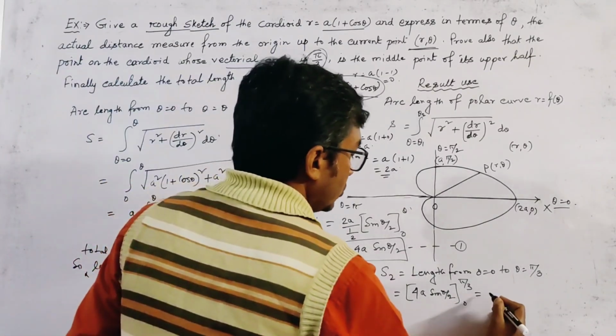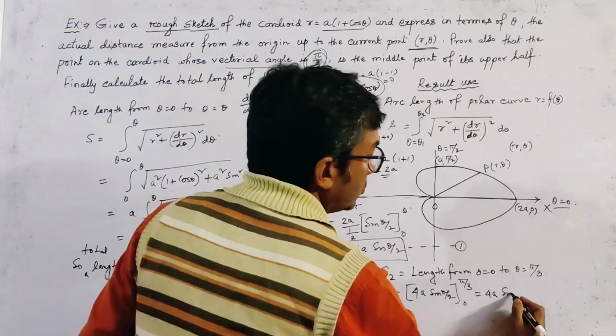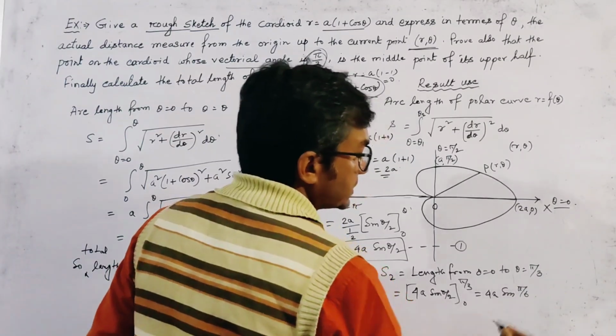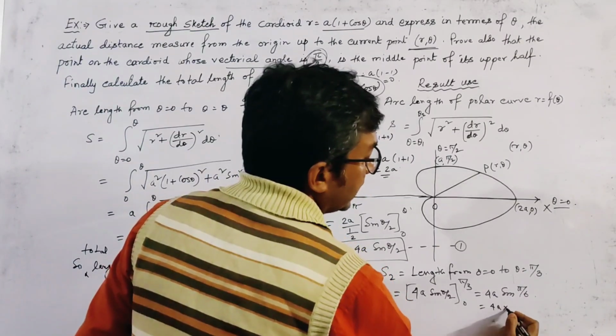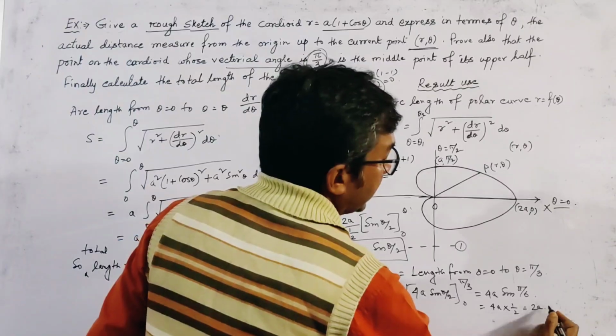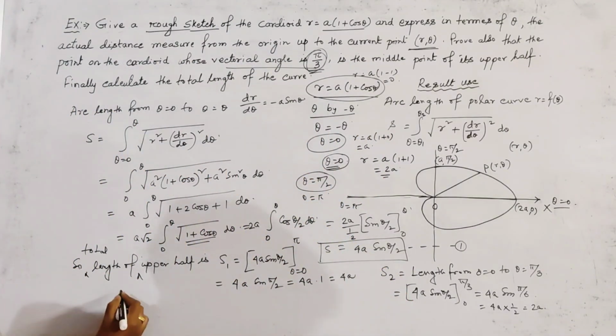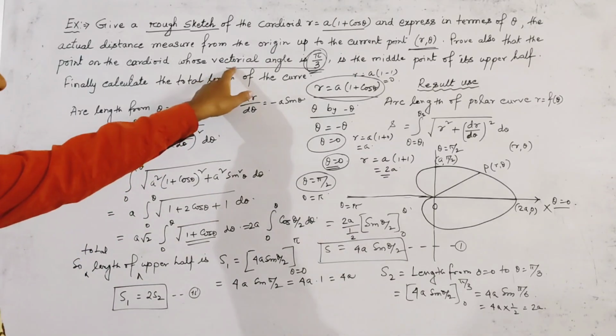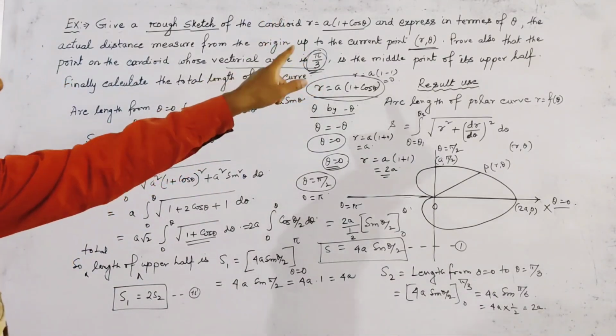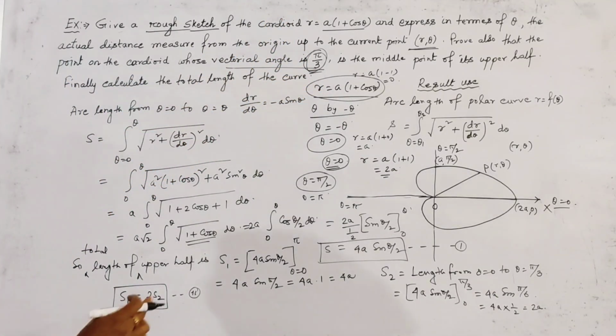Clear? So we get 4a into sin pi by 6, that is 4a into half, this is 2a, and from these two results it is clear that S1 is equal to 2 S2. This proves the second part, because the vectorial angle pi by 3 is the middle point of the upper half. So we write here the second answer.